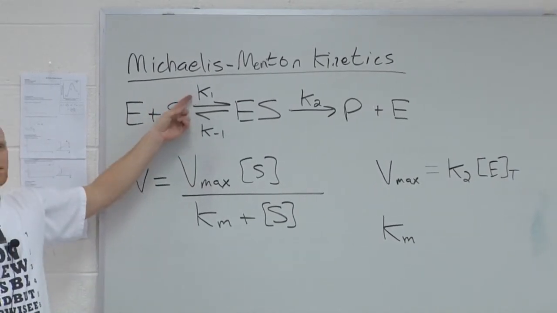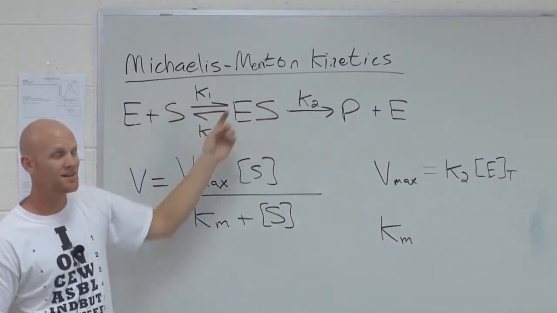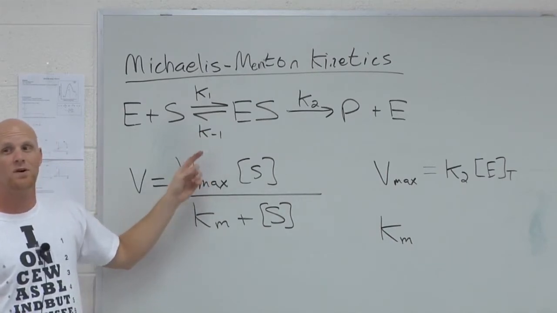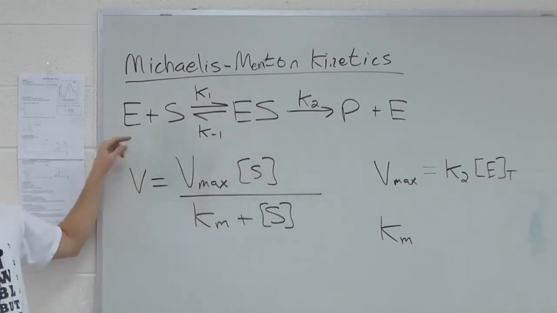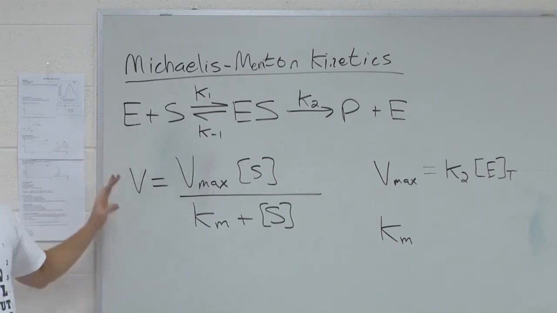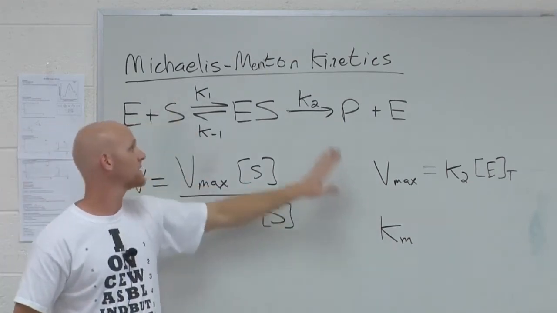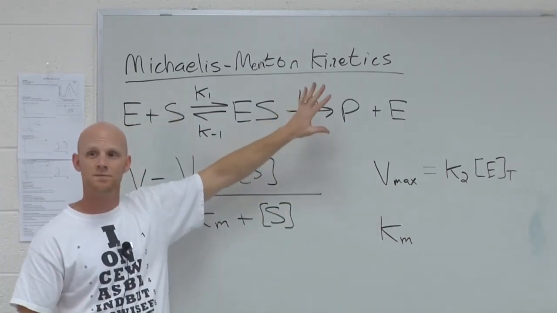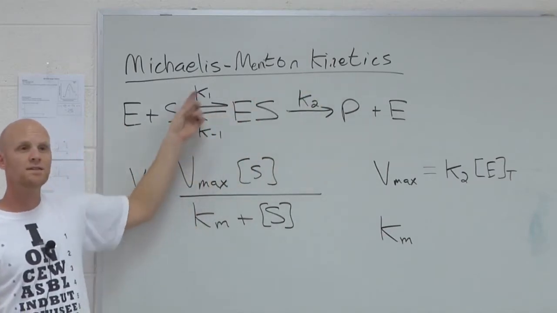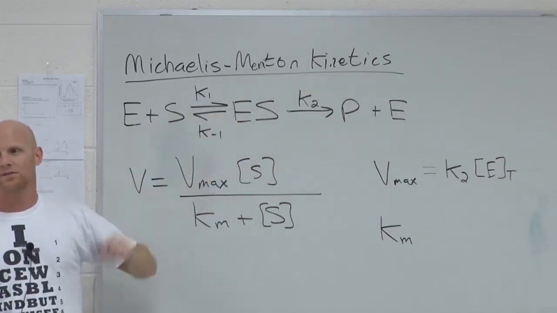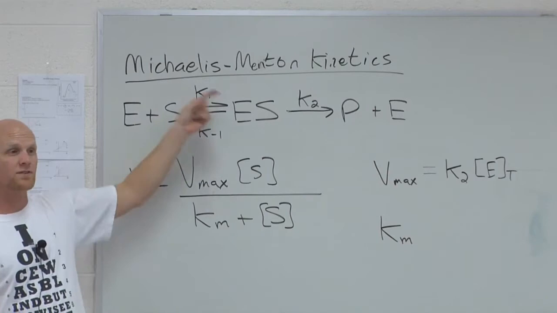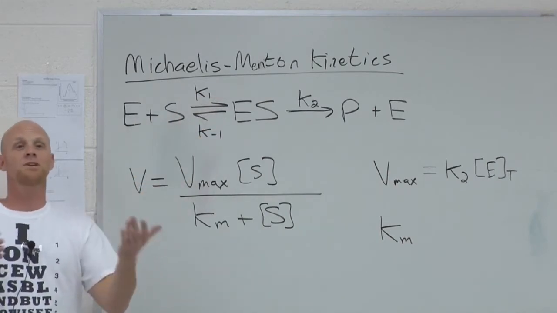Notice K1 is involved with substrate binding. K minus 1 is involved with substrate complex dissociation back into free enzyme and substrate. And so in this case, Km, ignoring the K2 part of it anyways, which there are some assumptions for why we do, is related then to substrate binding. So it's kind of an equilibrium constant involved with substrate, well, really binding, I say, but dissociation.